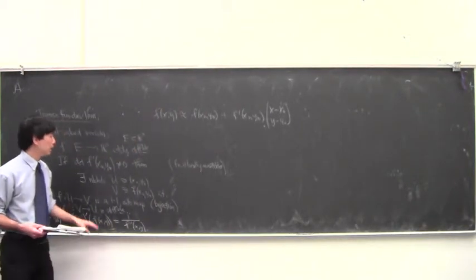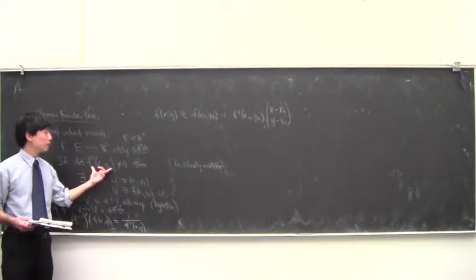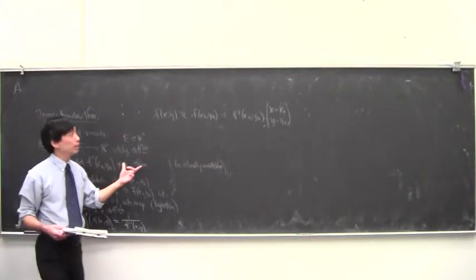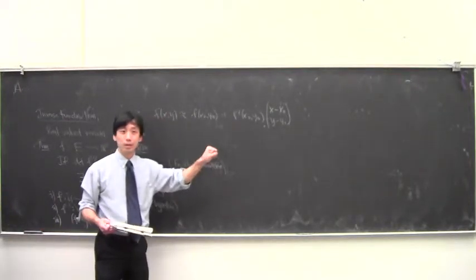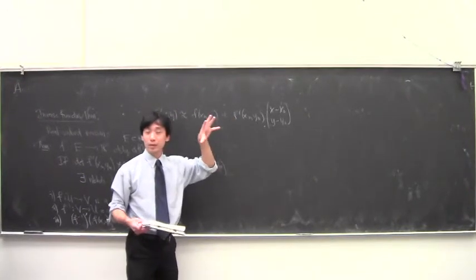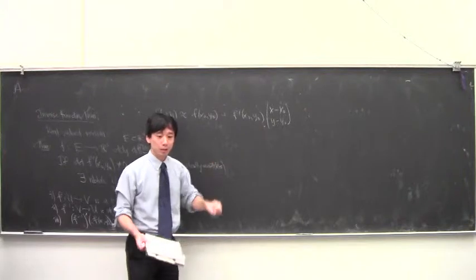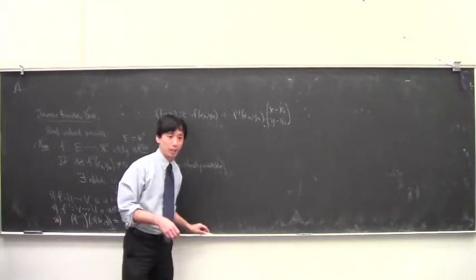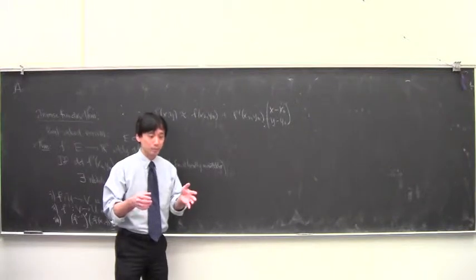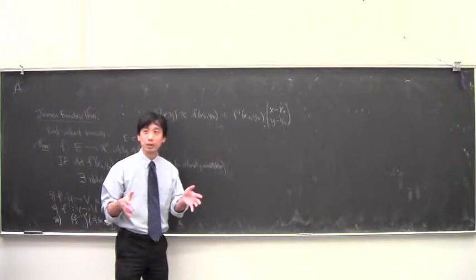But if the determinant is zero, then what that's saying is that some collapsing occurs. Remember that the determinant of the matrix tells you how the matrix expands volume.